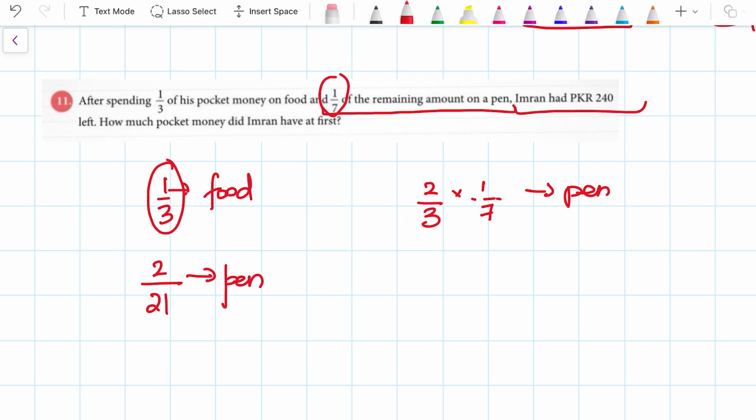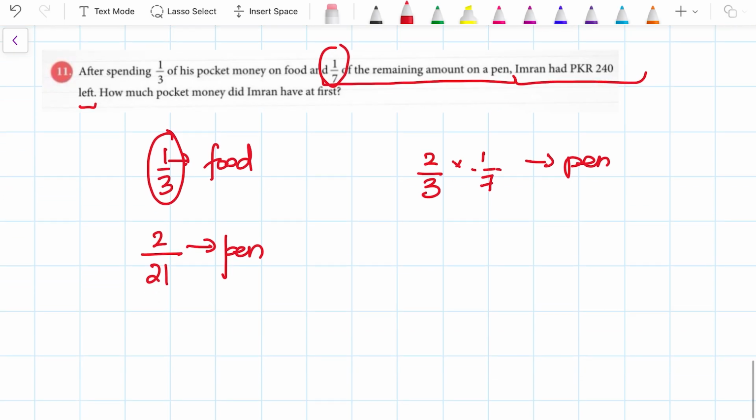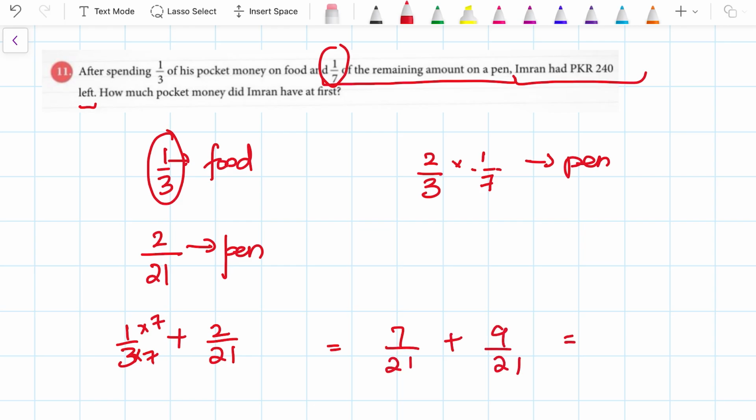Imran had 240 left. Now let's find out the total amount that he has spent. 1/3 plus 2/21, making the denominator the same. 7 times 1 is 7, plus 2, so it becomes 9/21 that he has spent on food and pen.